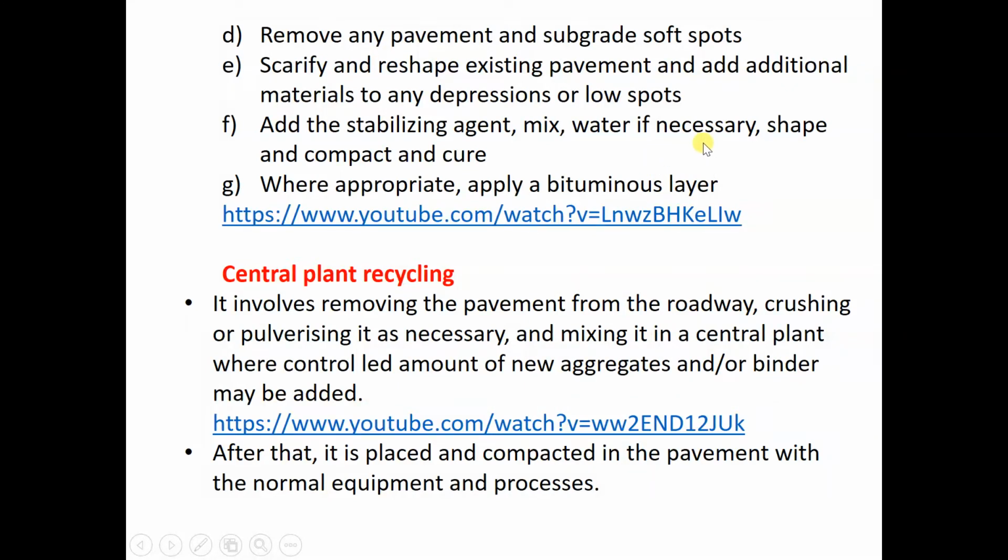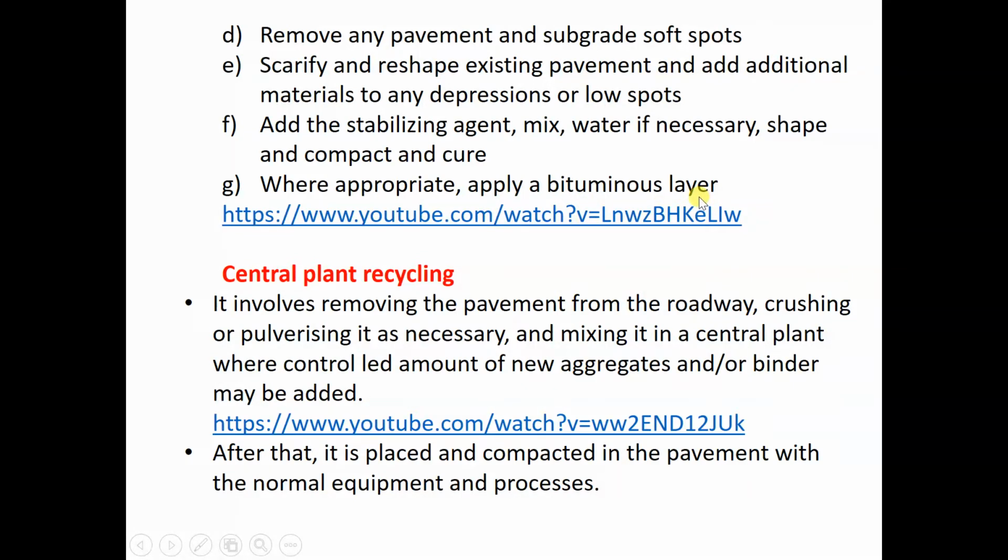If you use cement, then you have to use water. Even for the foamed bitumen you have to add water as well. Then you have to shape it. Shaping could mean using the grader, then compact with the roller and cure. Where appropriate, apply a bituminous layer.